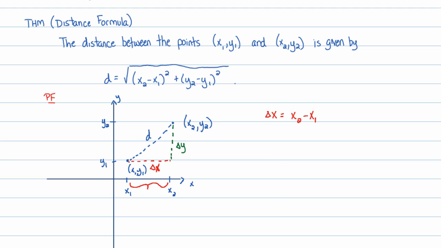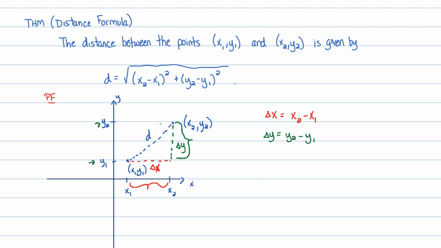The same thing can be said for the distance that we've changed in the y direction between these 2 points. That is also going to be the change in the y value, basically the upper y value minus the lower y value.